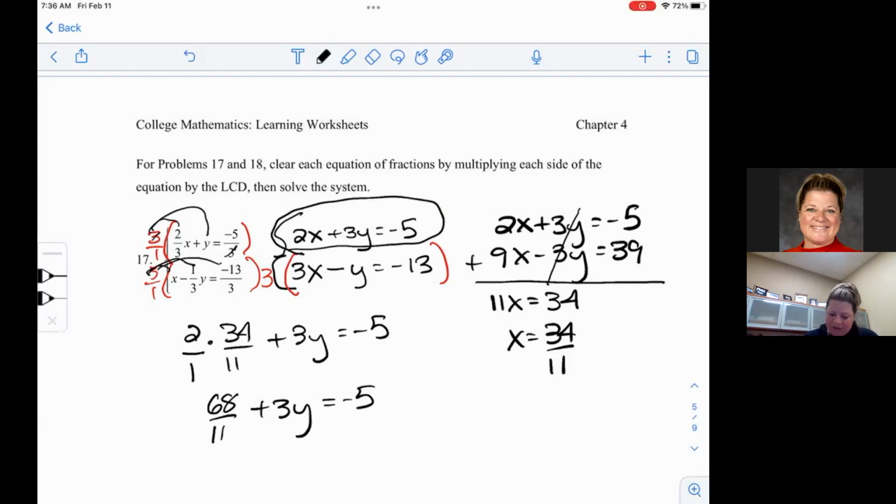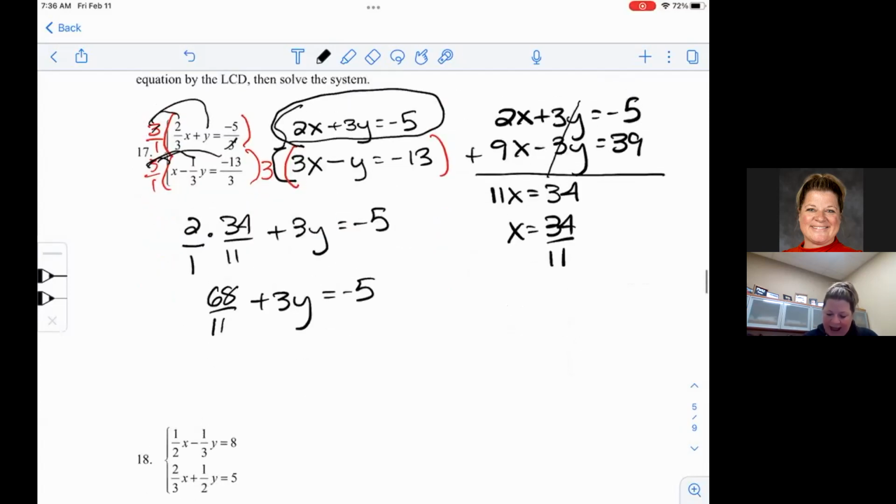Okay, so then from here, 68/11 has to be subtracted over to the other side. So it's -5 minus 68/11. So I'm going to do that in the calculator, because you need a common denominator. So you'd have to times and get 55/11, and then -55 minus 68 would be adding them over 11.